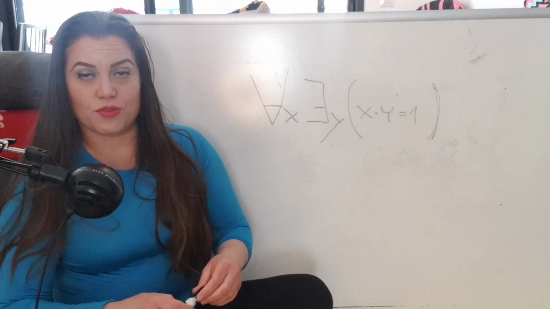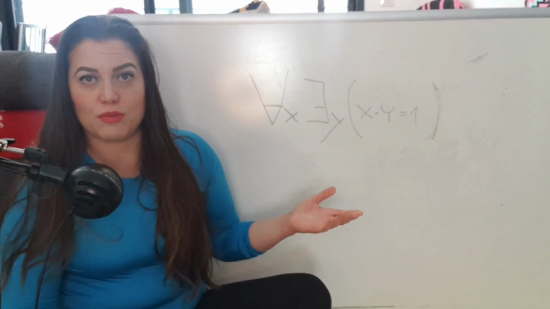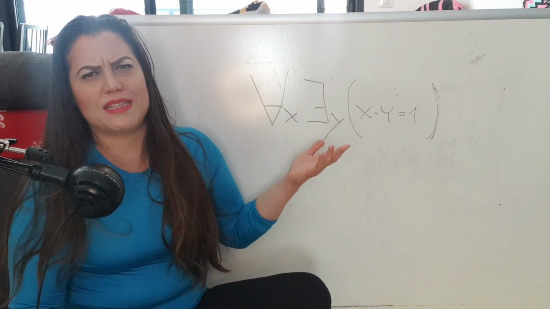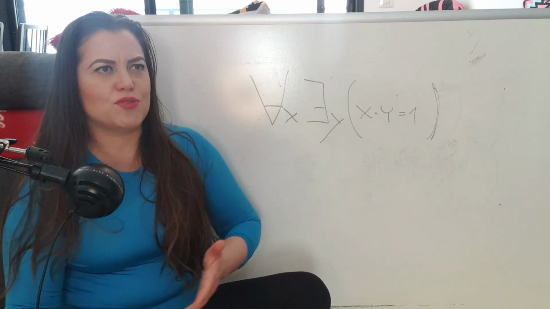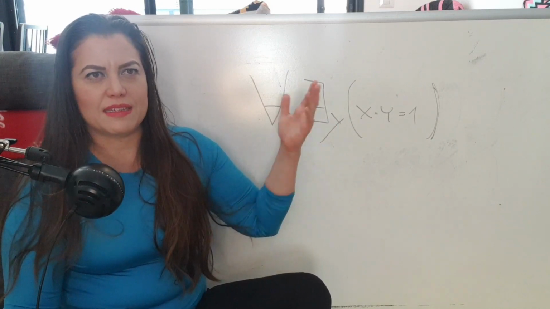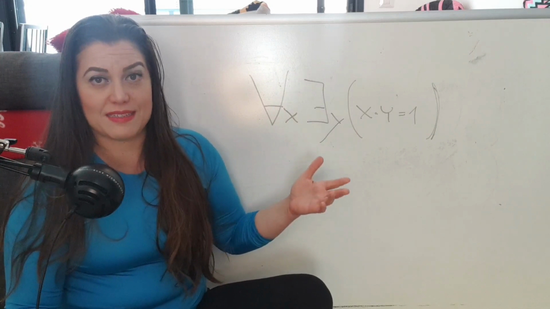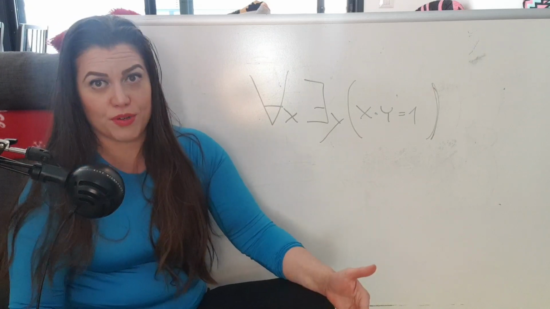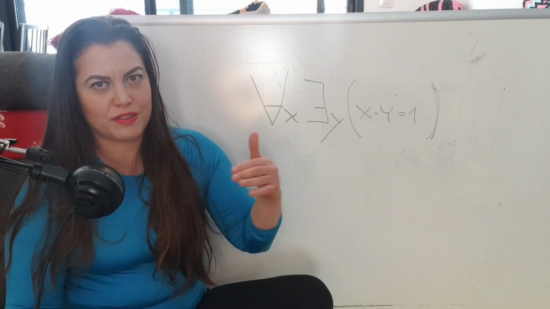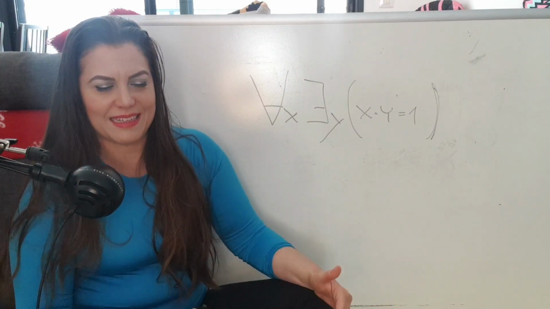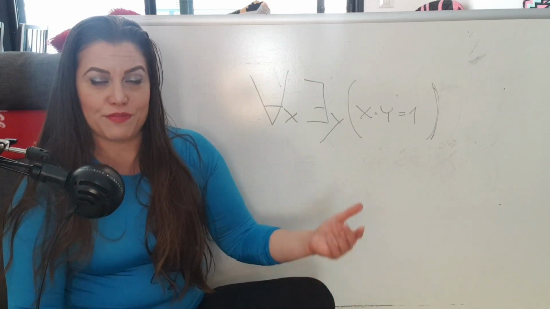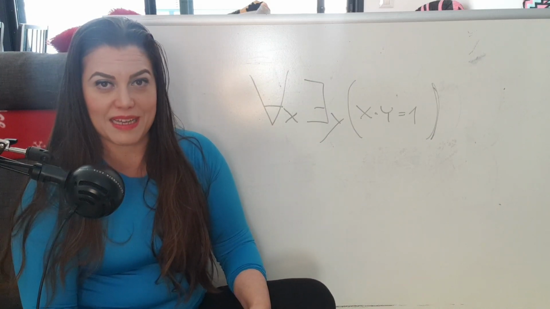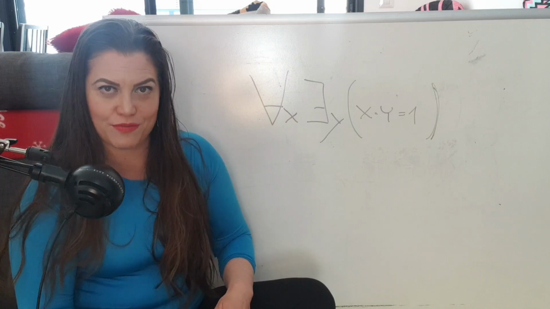And actually it's true, because whichever number in the world that I will choose, let's say I'm choosing, and I can choose any number I want, but let's say I'm choosing from all of the numbers in the world, the number 5. So yes, there exists for the number 5 that I've chosen a number that's actually 1 above 5, the fraction 1/5. If I will multiply them one in the other, I will receive 1.